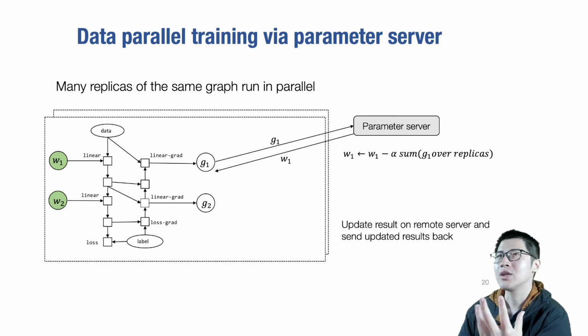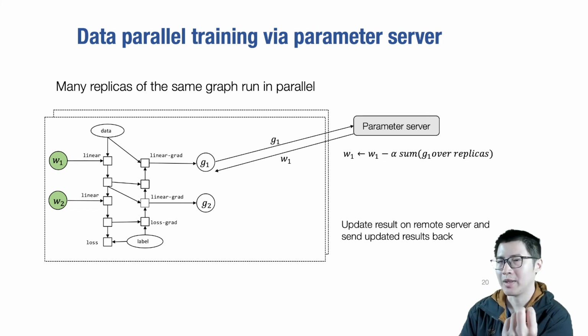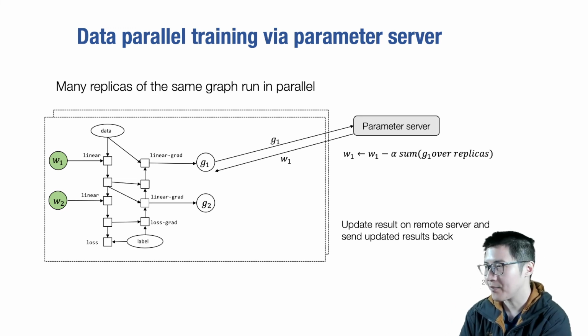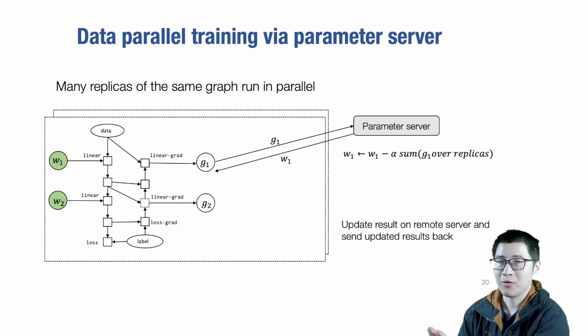So what is the advantage of this parameter server style of updates? One of the advantages is that in a lot of cases the parameter server doesn't have to wait until all the gradients are available. Imagine that we have 100 workers, and one of the workers for some reason is slower than the other workers.